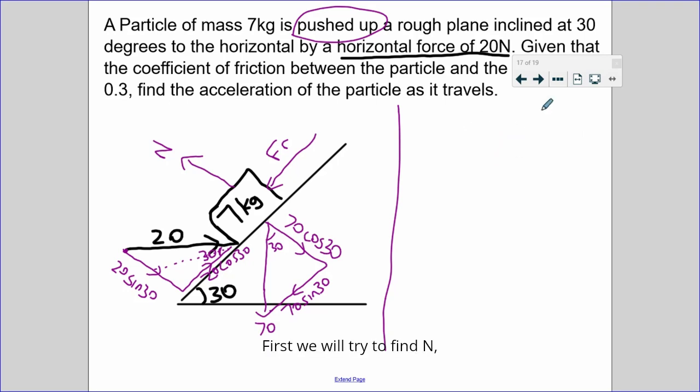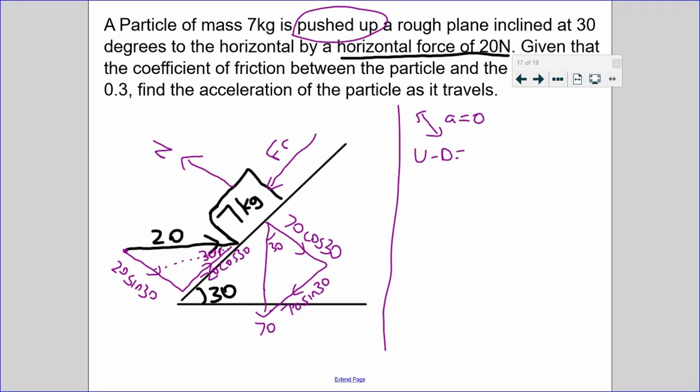Right, once we've done that, we start working on calculations. First, we will try to find n. So we will do F equals ma in this direction. And now, in this direction, a is 0 because the particle is not moving in this direction. The particle is moving like this. So we'll do this afterwards. Now, a is 0, so you can do up minus down or down minus up.